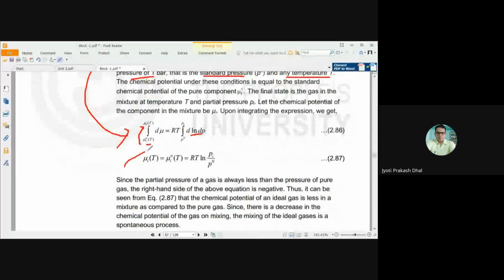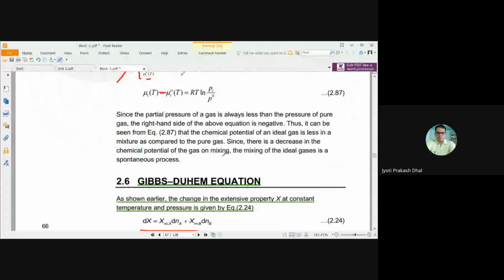Integrating this, we find the value will become mu i at temperature T minus mu i naught at temperature T. So this will be minus, not equal to, this will be minus. Some printing mistakes are there. You can carefully observe. So this will be minus, which is equal to RT ln Pi by Pi naught.